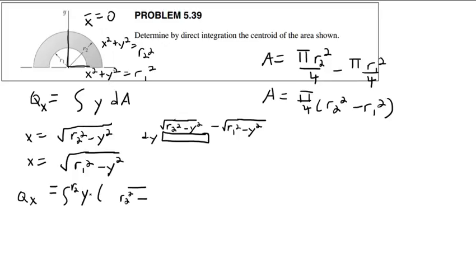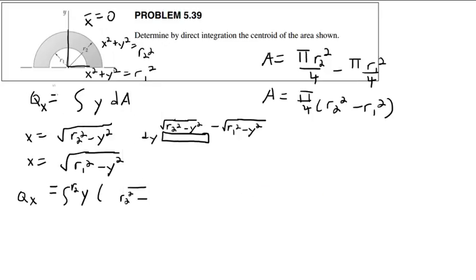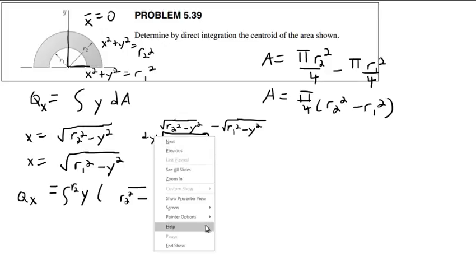Integrated from perhaps 0 to, let me think about this, because I'm trying to think if that's some bounds that will make sense without screwing things up. Because if I do 0 to R1, then we're not including this part. If I do R1 to R2, then I'm missing this part down here. I think we're going to have to break this up into 2 pieces.